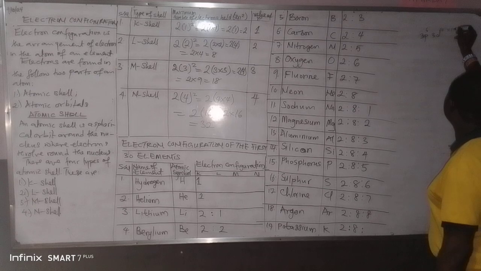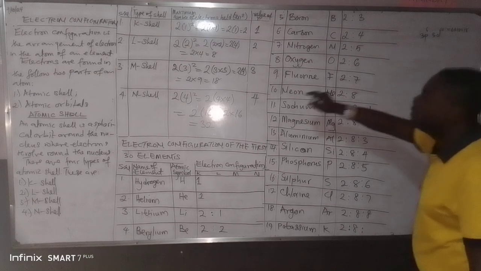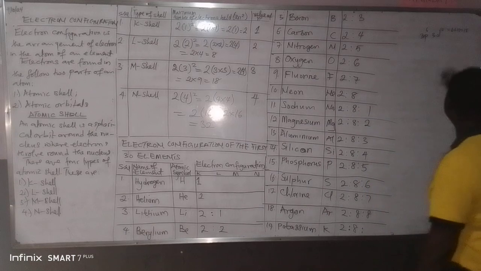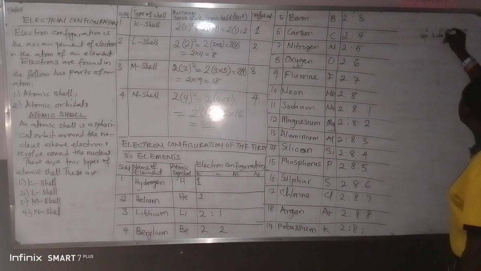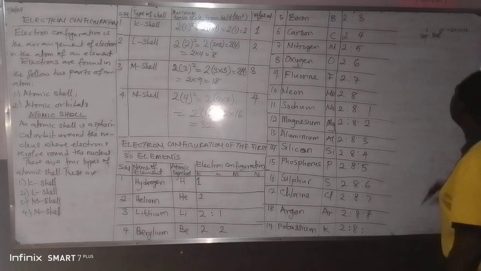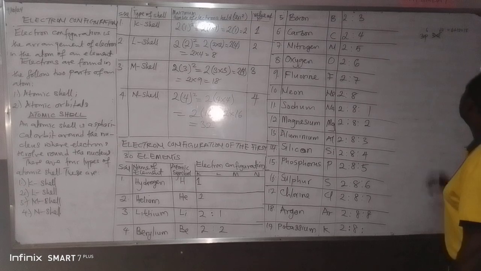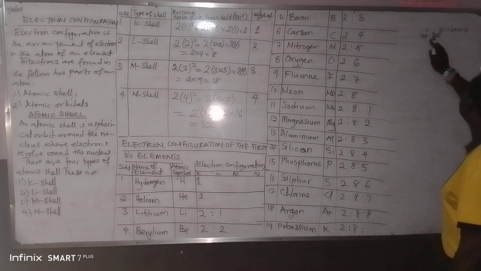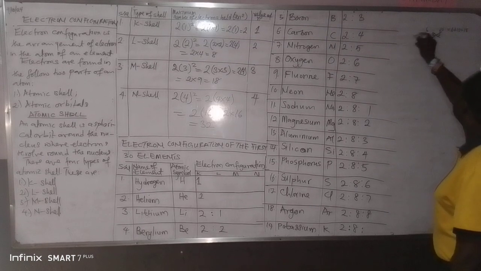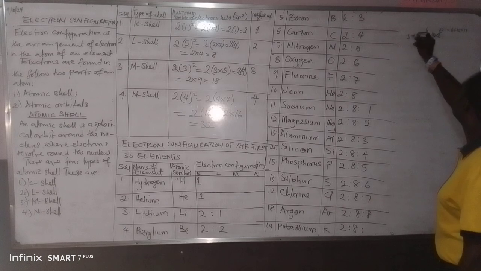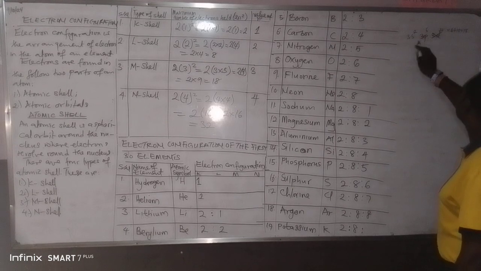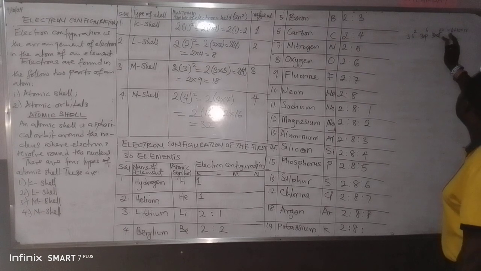In total, 6 plus 10 is 18. That's how we come about this 18. But this 3d for potassium and calcium is bad. It doesn't carry electrons. You have a 3s, which carries 2 electrons, 3p, which carries 6 electrons, and 3d.